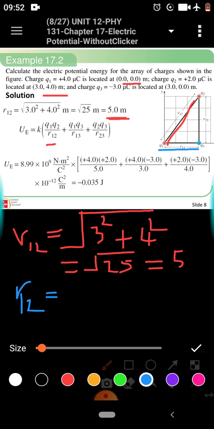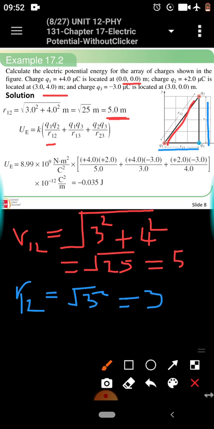We already know that it's 3 meters because we have 0 and 0, so this is simply 3. This gives us 3 meters, and then we want this other part.